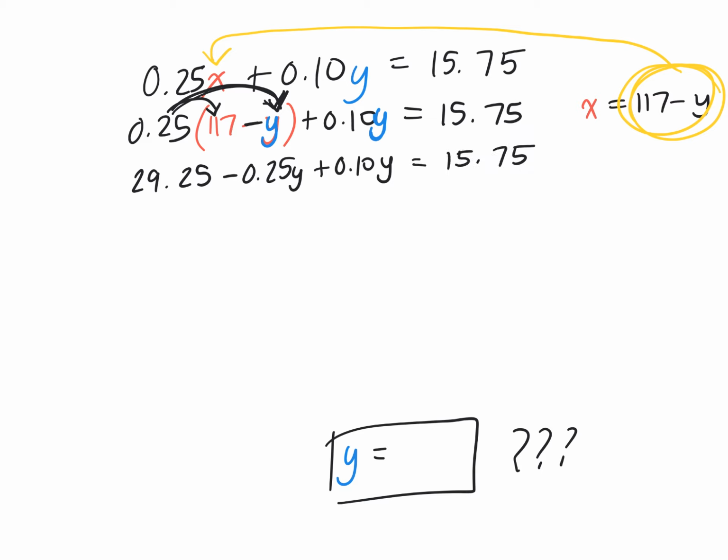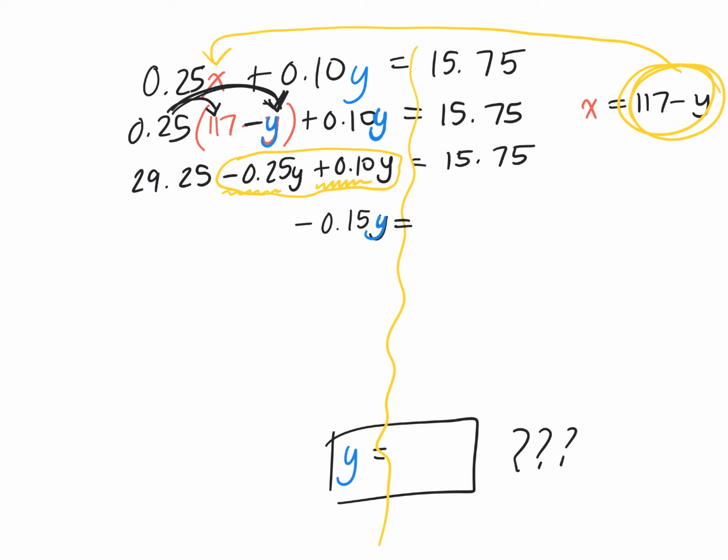We need to separate our variables, our like terms, and put them together. So I have my negative 0.25y plus 0.10y. What does that equal when you simplify that? What's negative 0.25 plus 0.10? What do you got? Negative 0.15y.